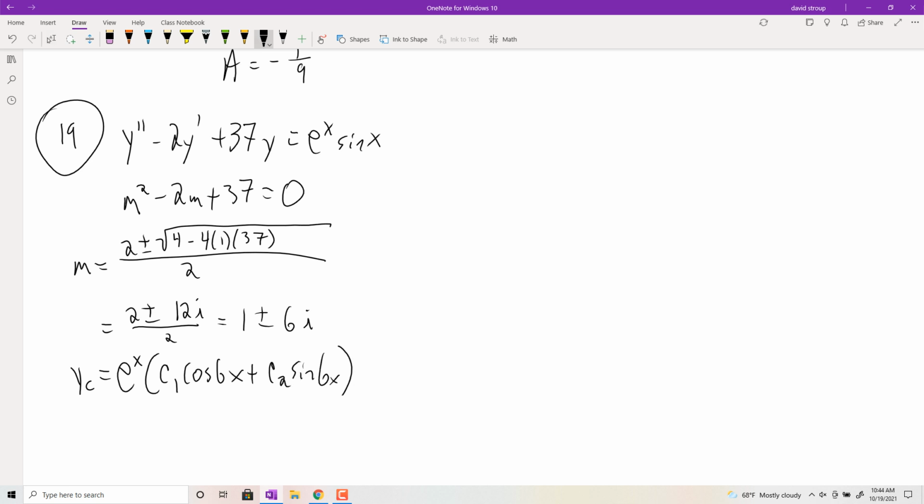Then I'm going to use the annihilator to reform the differential equation as a homogeneous differential equation. So what do you need? Well, you have this D squared minus 2D plus 37 acting on y.